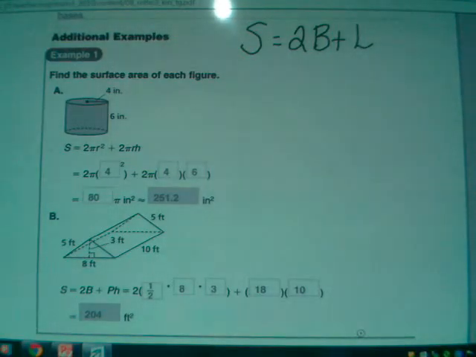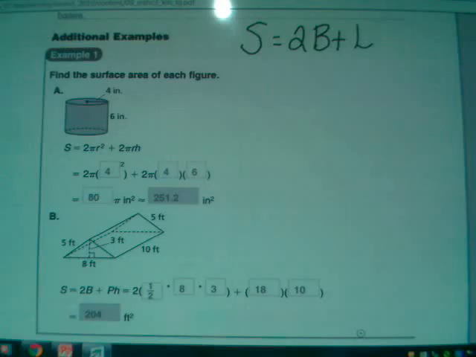Obviously, that implies 2 pi r, which is the circumference formula of the circular piece, times h, which is the height.